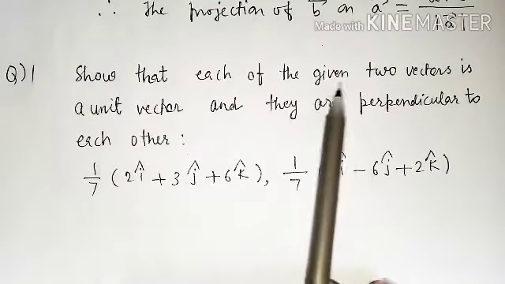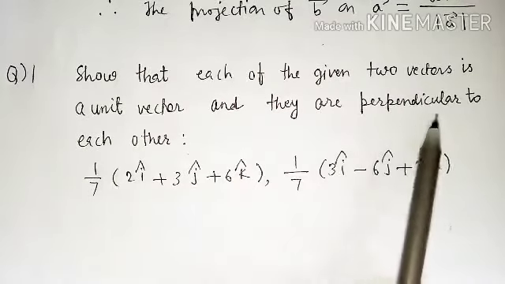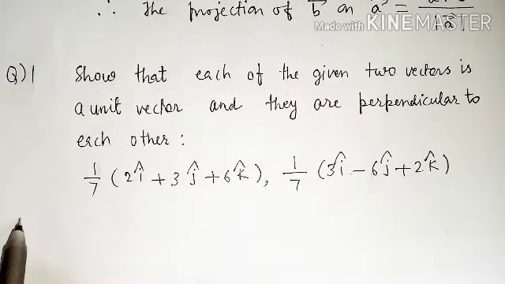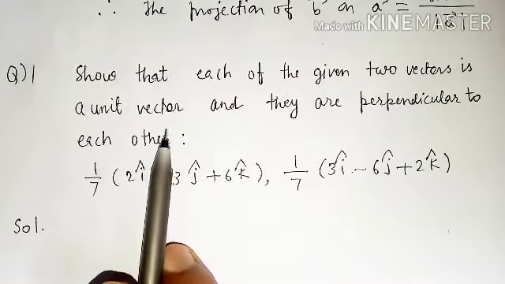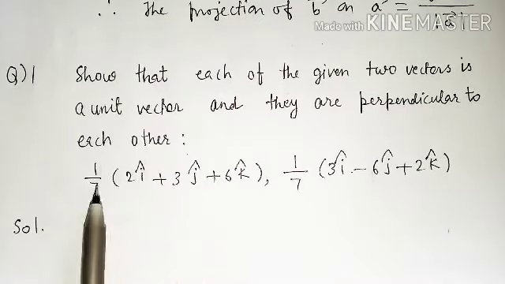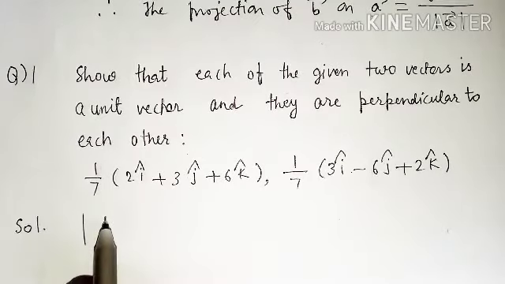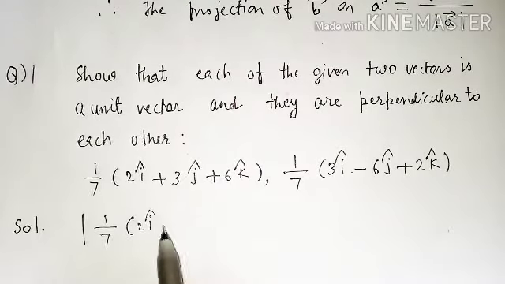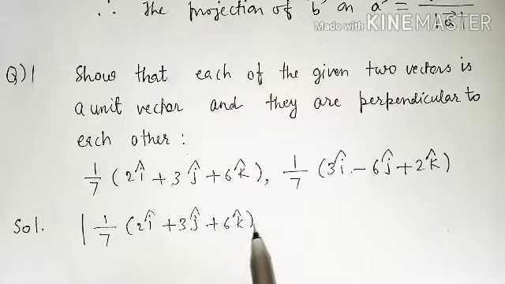Show that each of the given two vectors is a unit vector and they are perpendicular to each other. Solution. We know that a unit vector is the vector whose magnitude is 1 unit. So let us take the magnitude of 1 by 7 into 2 i cap plus 3 j cap plus 6 k cap.